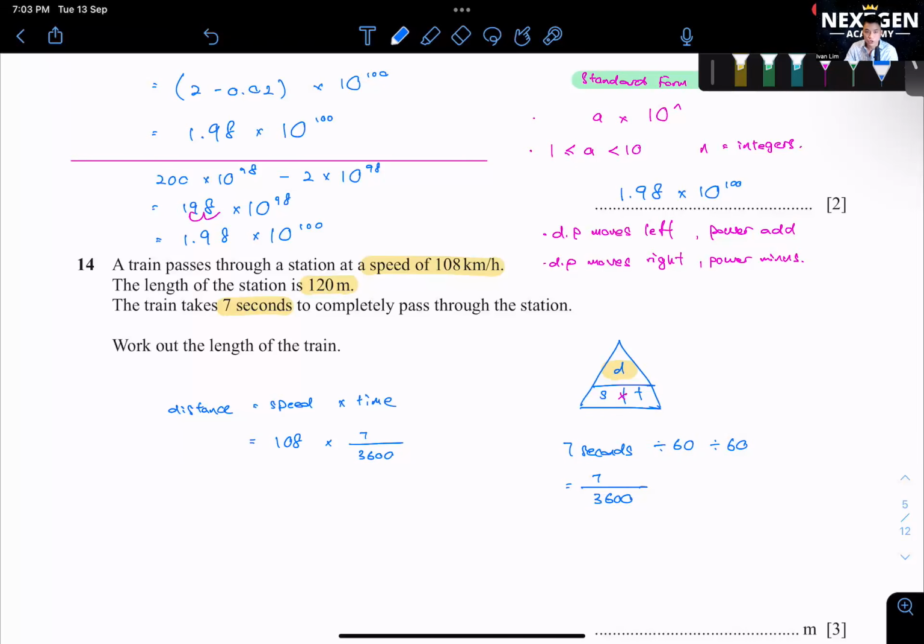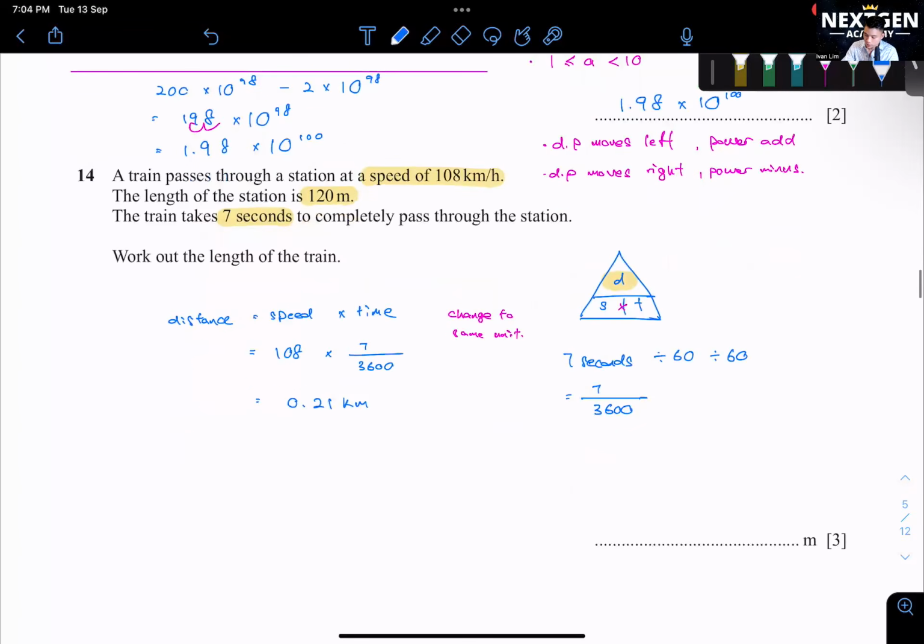You need to change it to the same unit first. If you don't change it to the same unit, your answer will be completely wrong. So 108 times 7 over 3,600, you'll get 0.21 km.